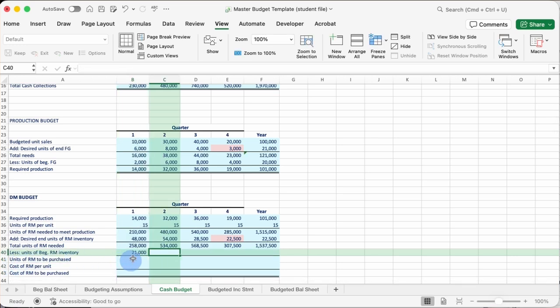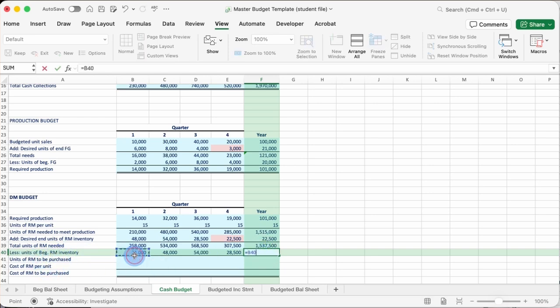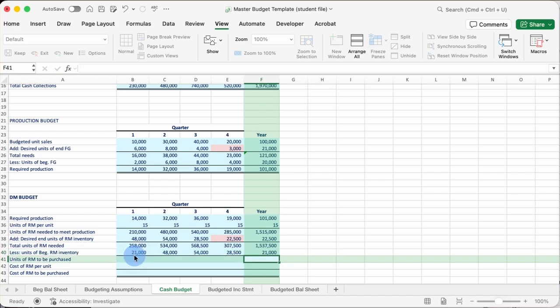And then for the next 3 quarters, it's going to be what we said would be our ending raw materials inventory. So we'll cell reference up to the previous quarter's ending materials. We'll fill that to the right. And then because this one is beginning raw materials, we are going to cell reference our Q1 beginning raw materials.